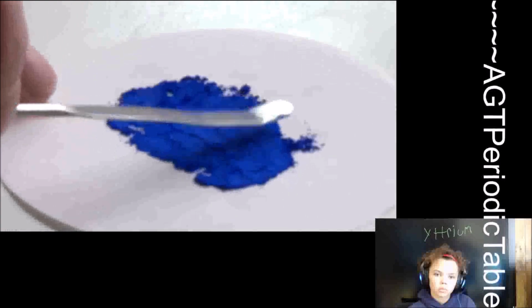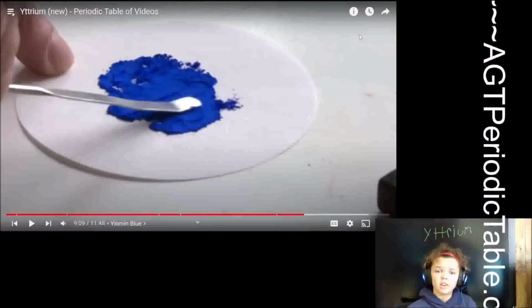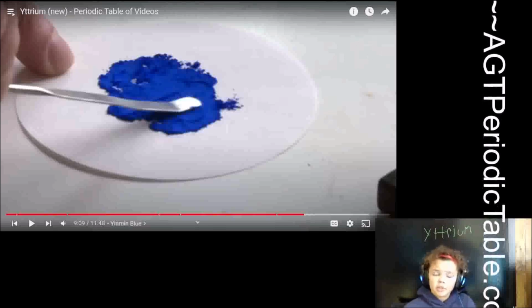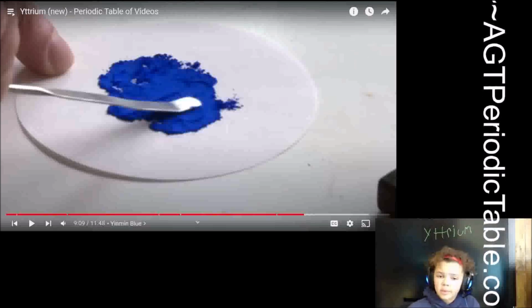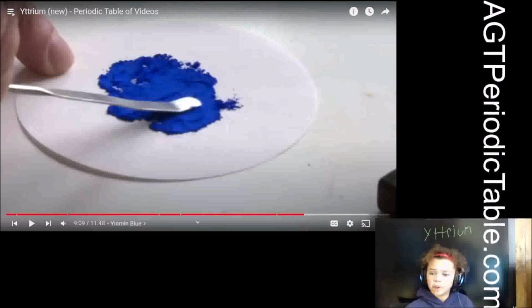But if you make a mixture of yttrium, indium, and manganese in an oxide, it forms a wonderful intense blue colour. That makes no sense. With the two, it's black, but with the other two, it's white. But how did we get blue?